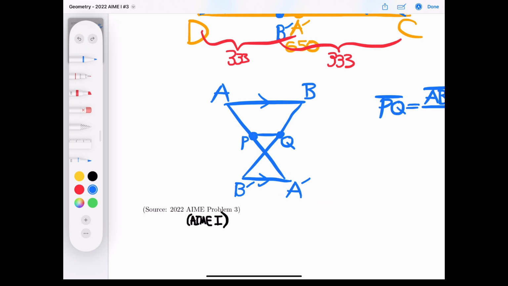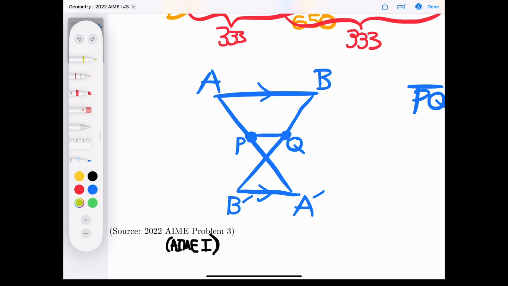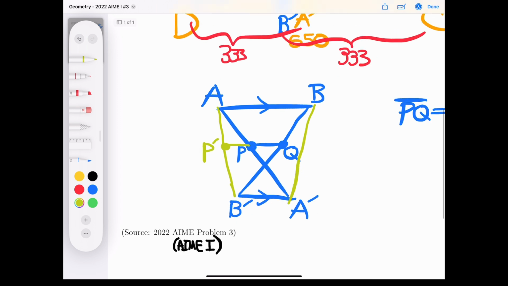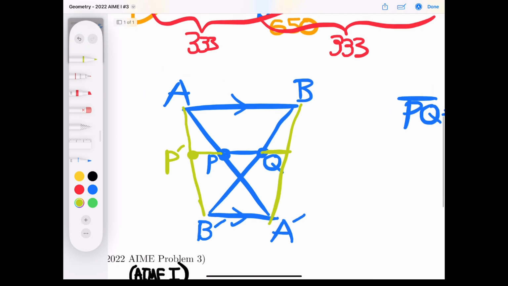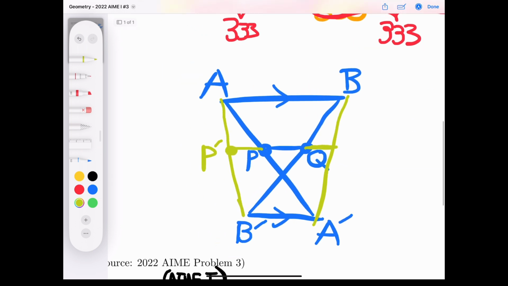But the way to overcome it is you draw these lines in anyway, and then you can extend line PQ. We know that PQ lies halfway in between lines B prime A prime and AB. We've already shown that. So when we extend PQ, it'll meet AB prime at its midpoint, let's call it P prime.